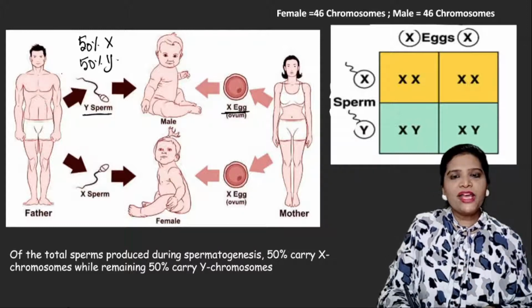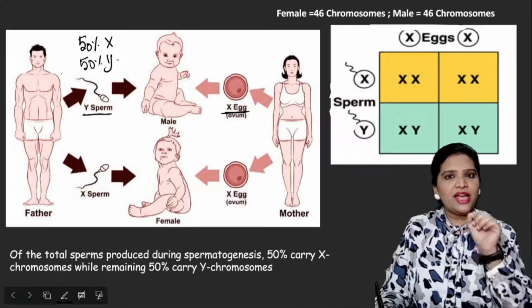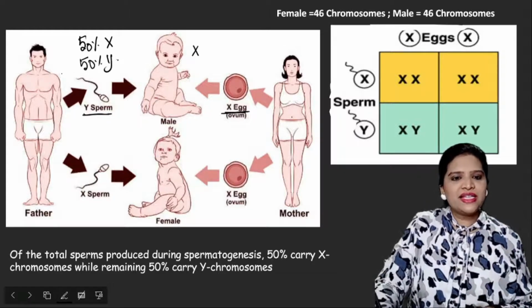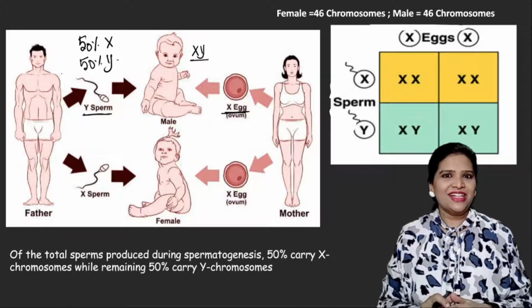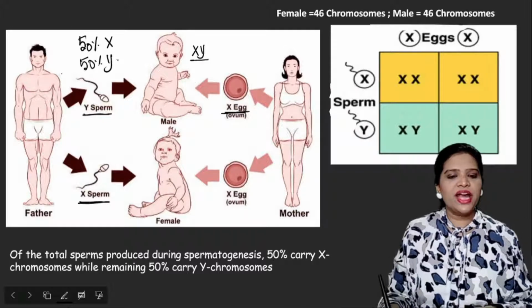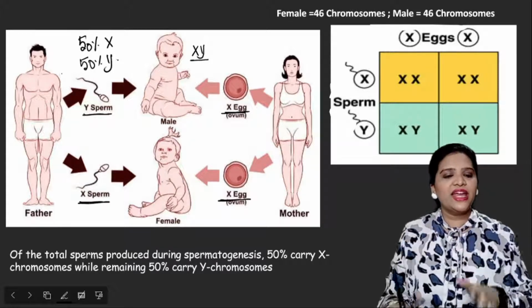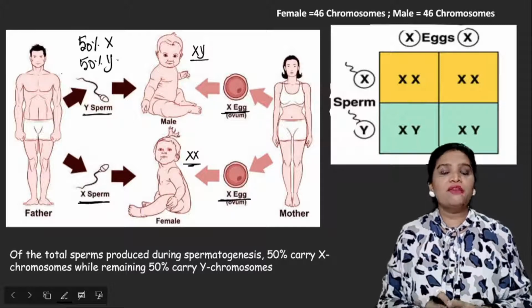So if the Y chromosome of the sperm unites with the X chromosome of the egg, this will result in the XY combination, which will be a male baby. Similarly, when the X chromosome of the sperm unites with the X chromosome of the egg, this will result in the XX combination, which is a female.